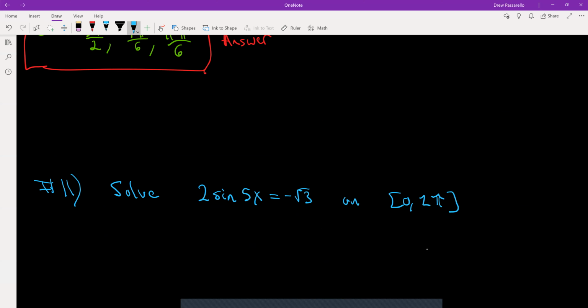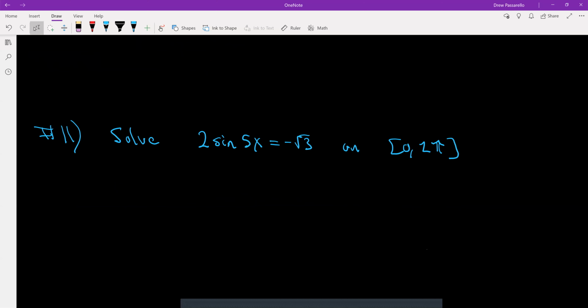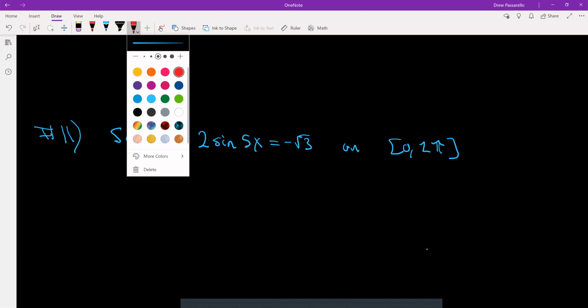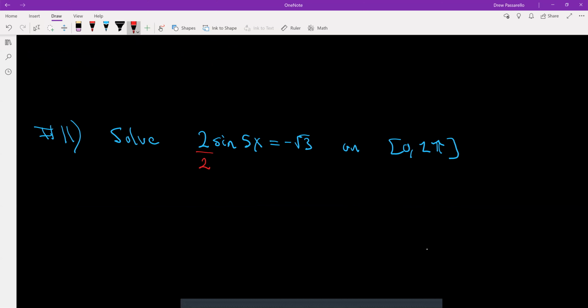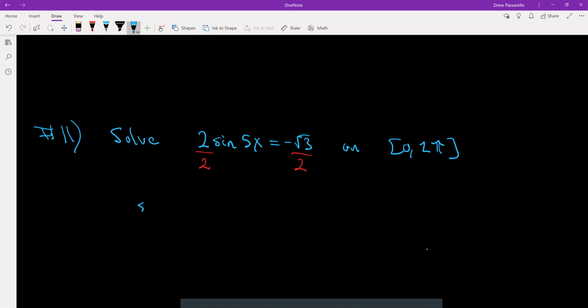So just like the previous question, we're going to have a specific solution. Now there's no double angle identity I can use, but the first thing I'm going to do is divide both sides by 2. So then I have sine of 5x equal to -square root of 3 over 2.